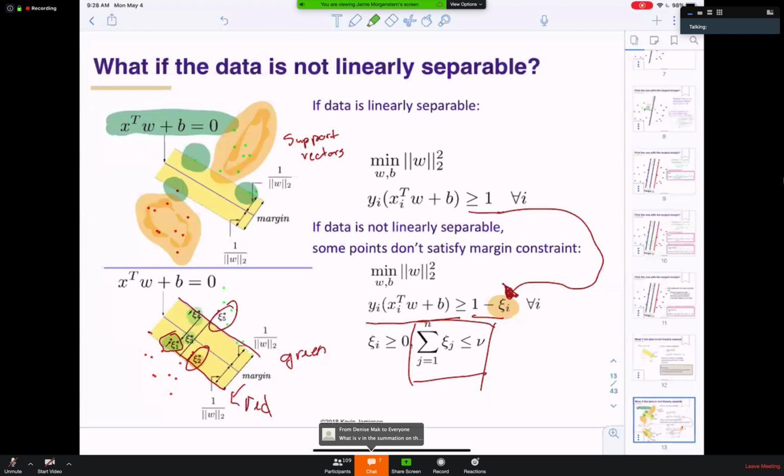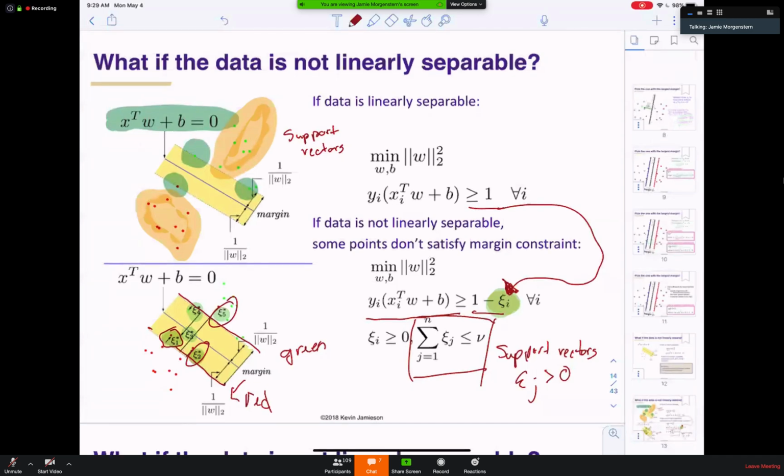So in this case, the support vectors have psi greater than 0. All right.